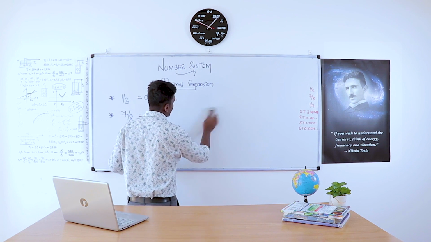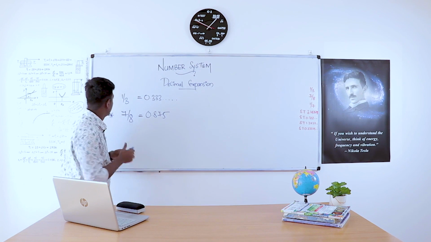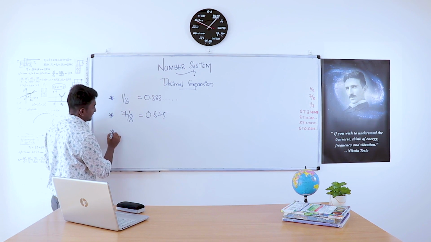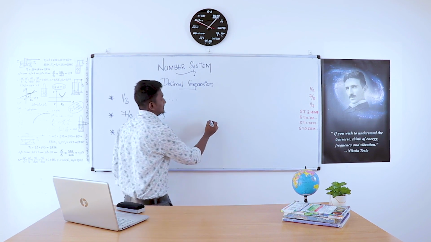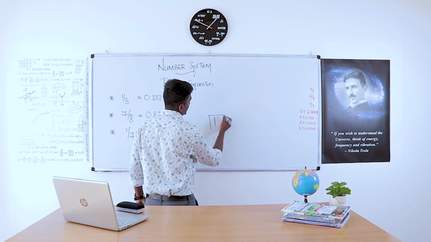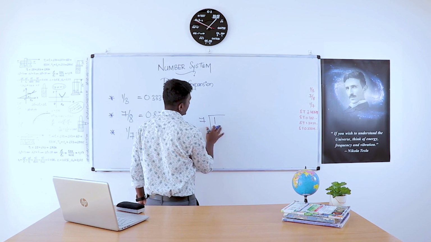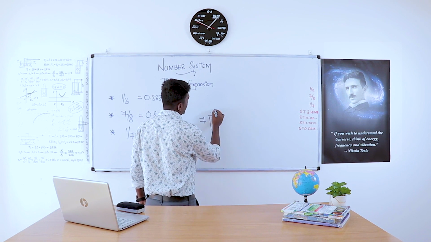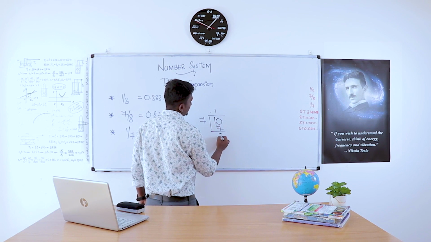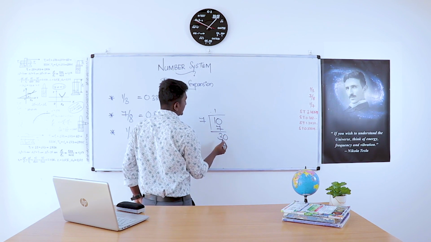Now look at another expansion, 1 by 7. 1 divided by 7 is not possible. Therefore, putting a decimal, it becomes 10. 7 into 1, 7. Remainder 3. It becomes 30.